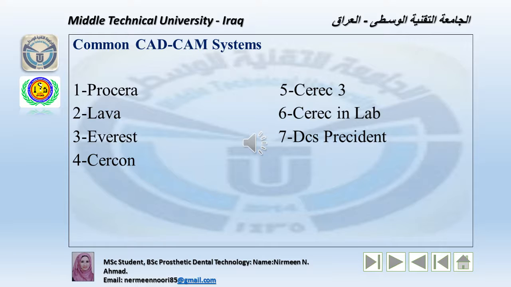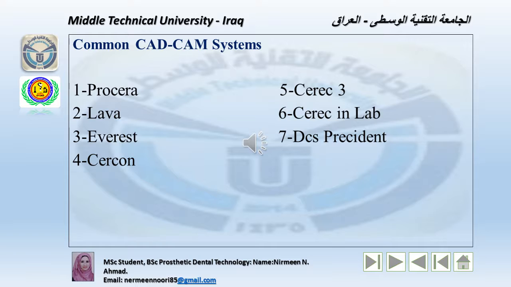The CAD-CAM system. After the entrance of CAD-CAM into the field of dentistry, there are several systems, which include Procera, Lava, Everest, Cercon, Cerec 3, Cerec Lab, and the DCS Precident. CAD-CAM systems may be categorized as either in-office or laboratory systems. Cerec is the only manufacturer that provides both in-office and laboratory modalities.